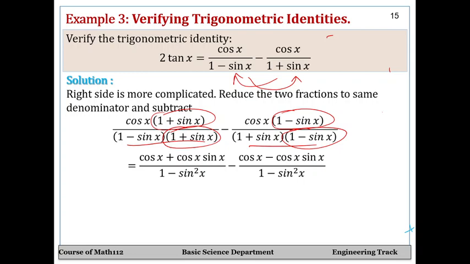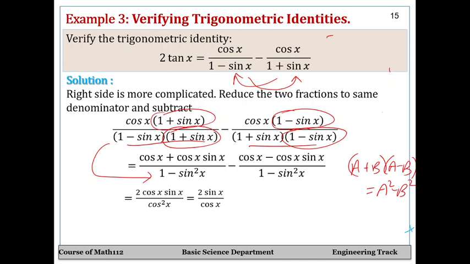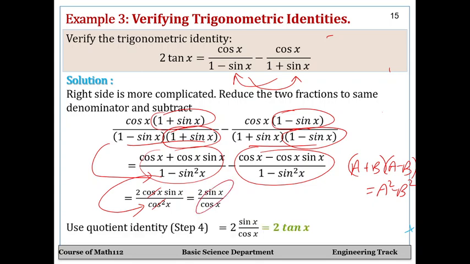Okay, then you write this one as 1 minus sine squared. I told you this is a plus b times a minus b, a squared minus b squared. And then do this subtraction and change this one to cosine squared, and then there's a cancellation, and you will end up with this. So it's 2 tangent x. So please try to figure out the steps here. Try to do it yourself.